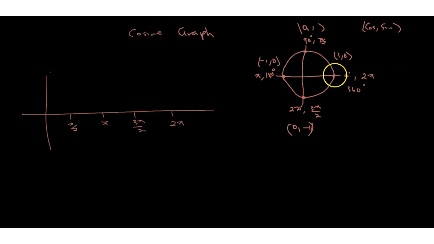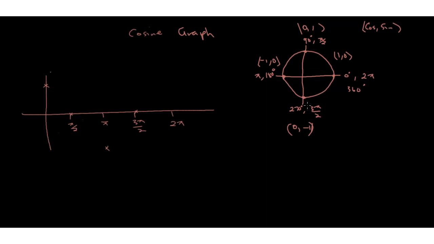So at the beginning here, we have 1, so we're going to start here at 1. Then we go to 0, down here to 0. Then here to -1, which is right here. Then we go to 0 again.